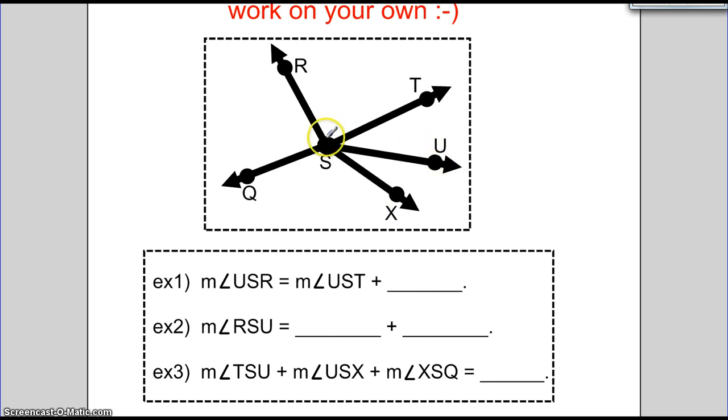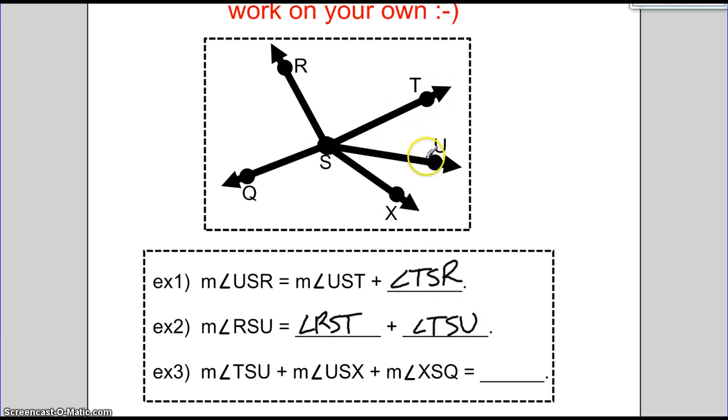Alright, U to S to R is equal to U to S to T plus angle T to S to R. Now if I want to go from R to S to U, that's just R to S to T plus T to S to U. Now look at this big one right here.